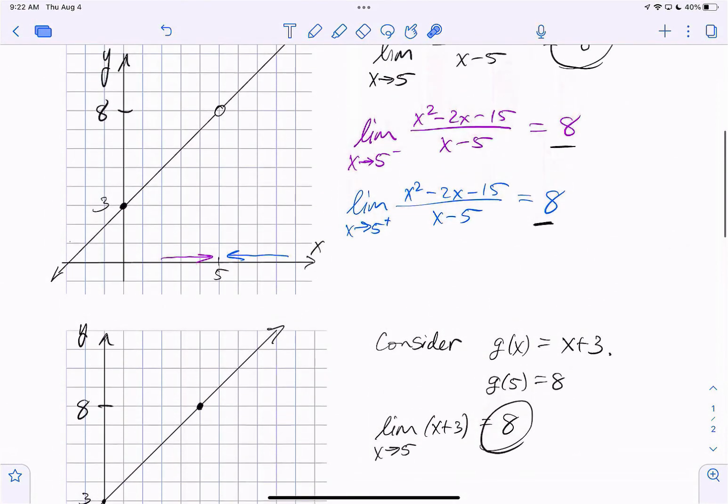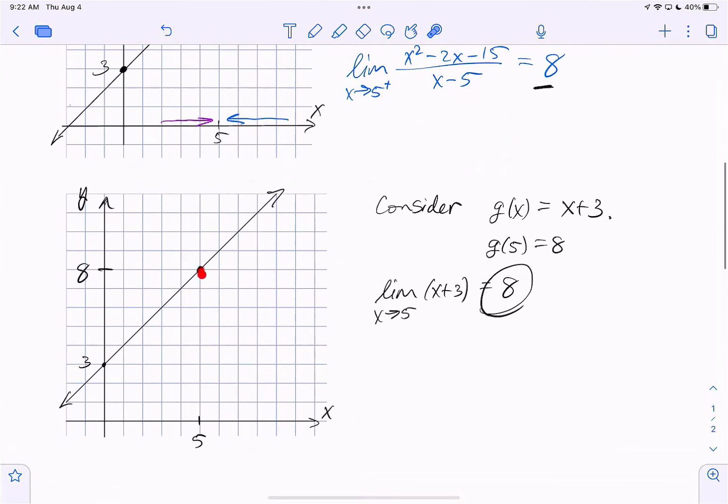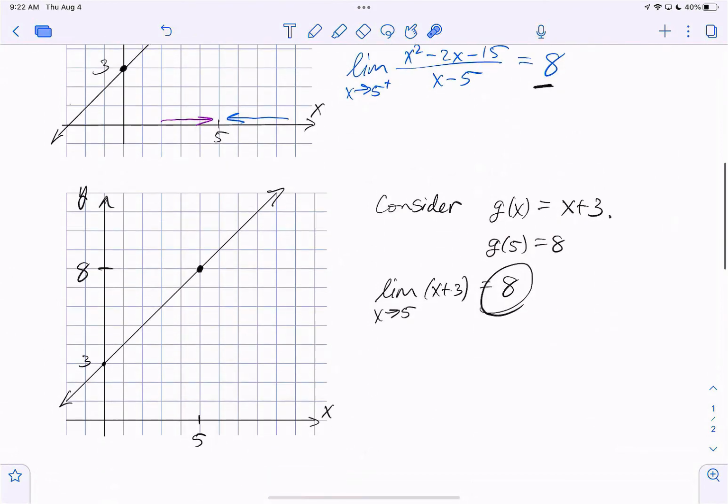So it doesn't matter if I have a hole and that hole has a y value of 8, or if I have a point and that point has a y value of 8. The limit is the same thing, because as I approach 5 from the right and from the left, the function value is approaching 8 from, in this case, the top and from the bottom.